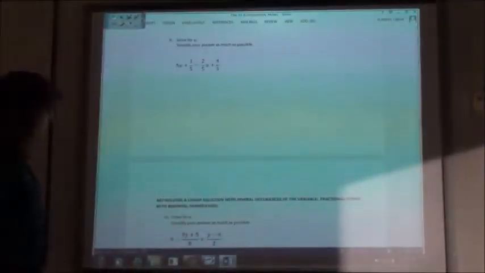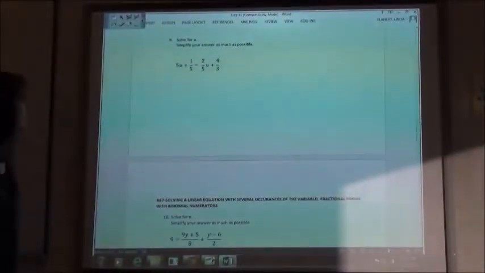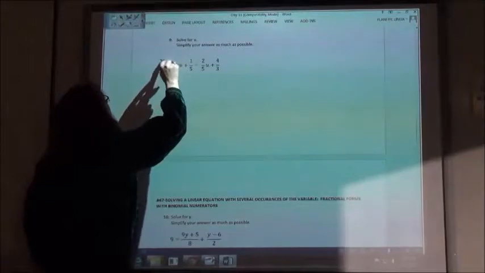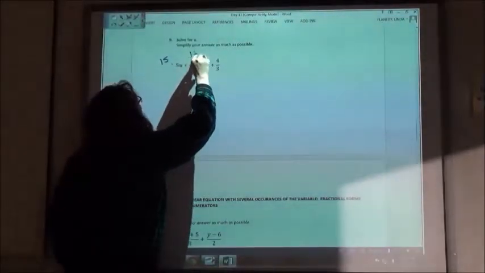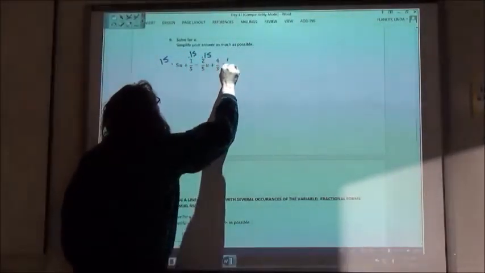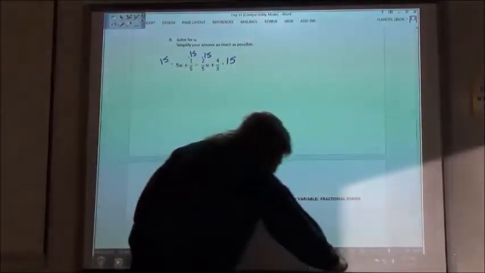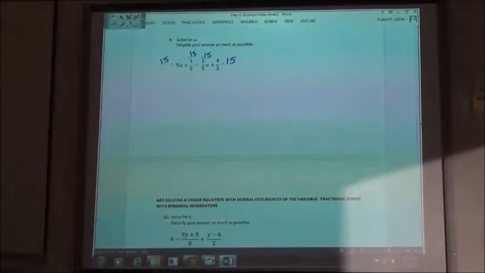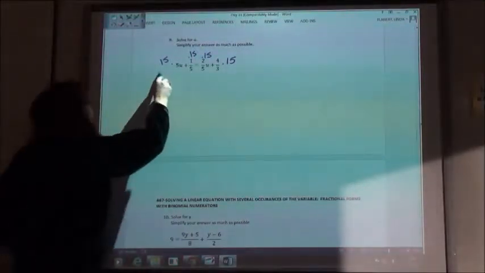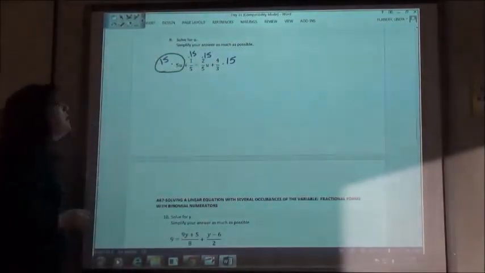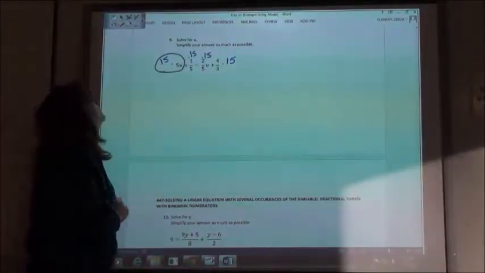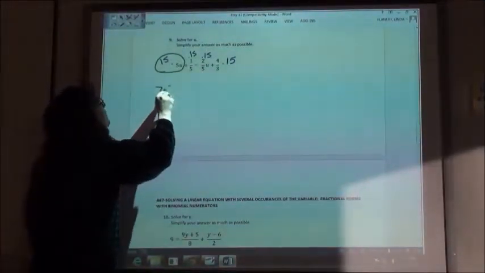So times 15. So front term doesn't have a fraction. 15 times 5u is going to give me 75u.